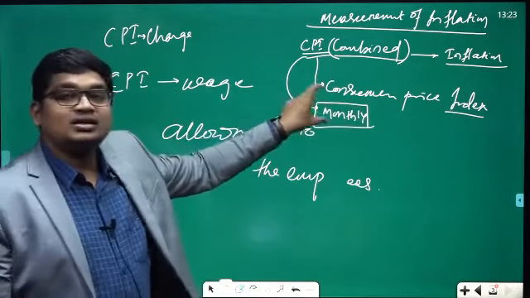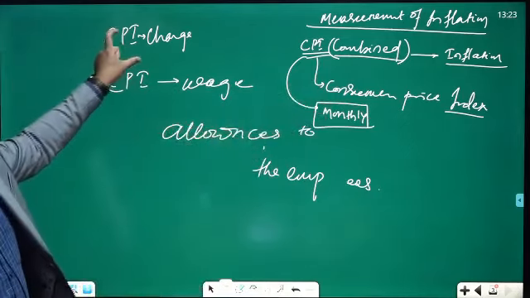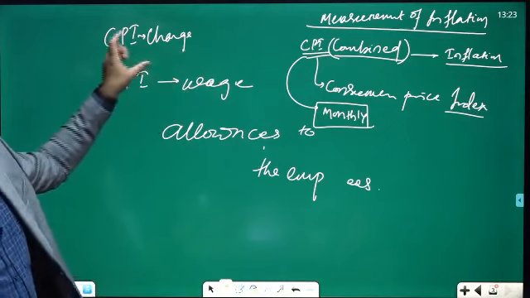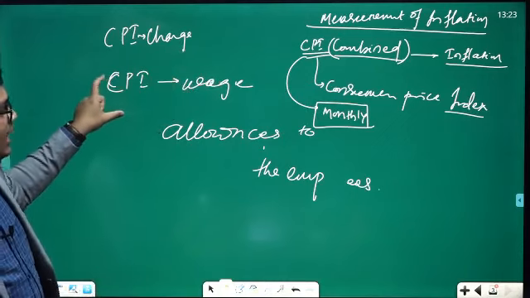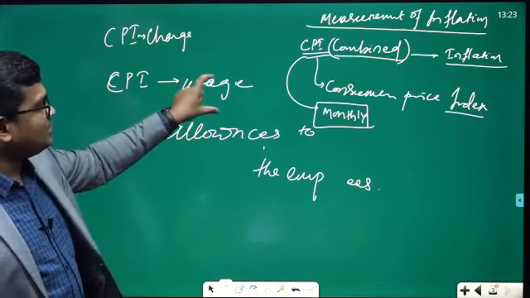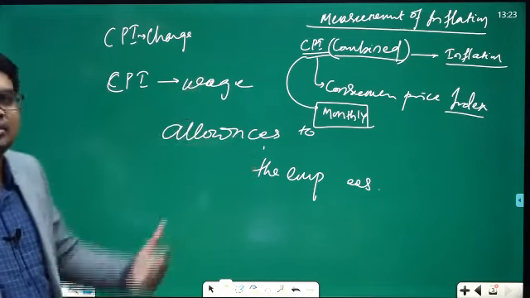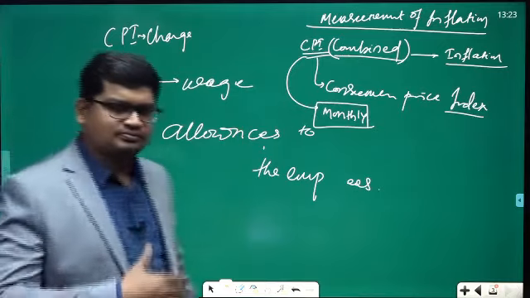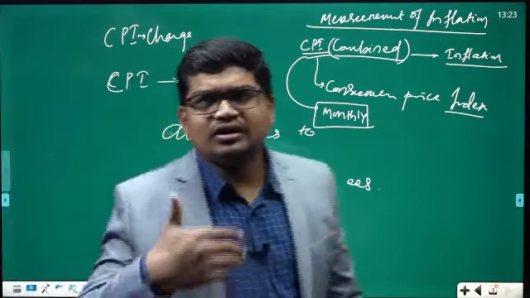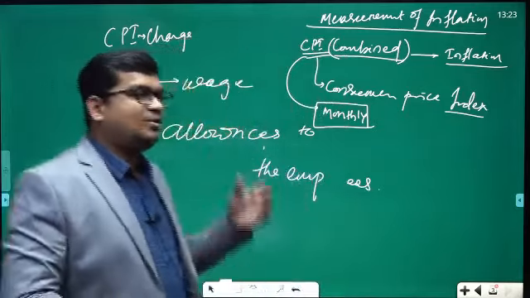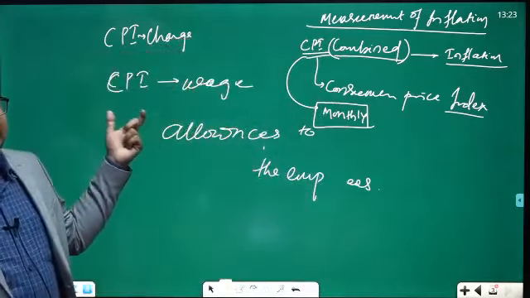It is measured on a monthly basis. It studies the change in the price level of goods and services. Again, I also told you that CPI is used for wages and allowances to the employees. So whenever the government goes for the revision of dearness allowances, then the government considers this CPI index.